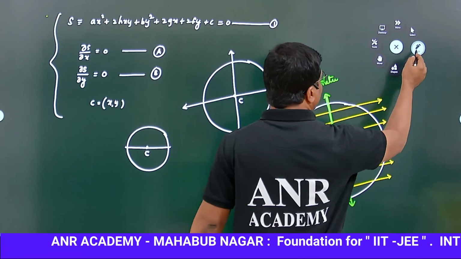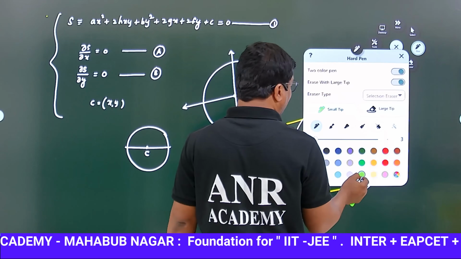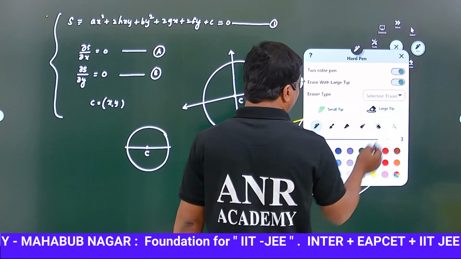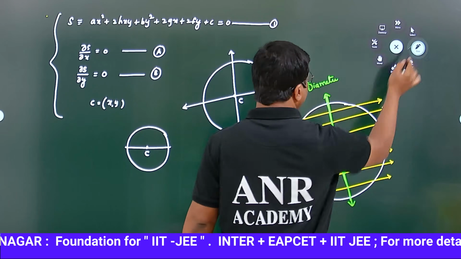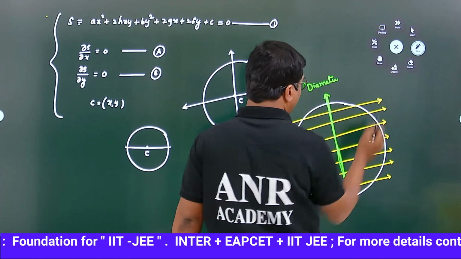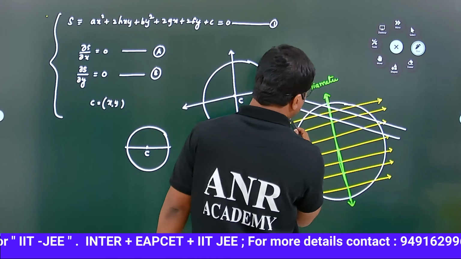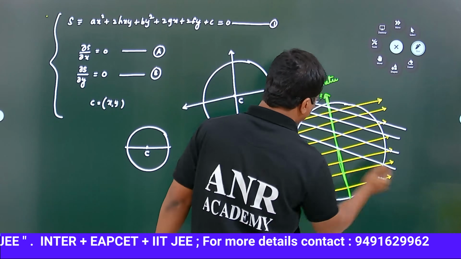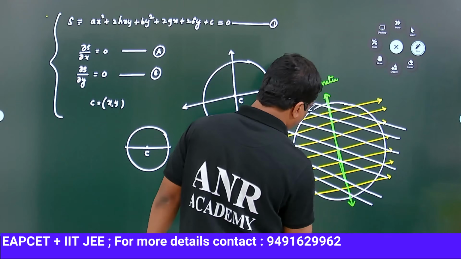Let us see another system of parallel lines I am going to select. Suppose these are parallel lines with the same slope. I am going to draw different parallel lines.